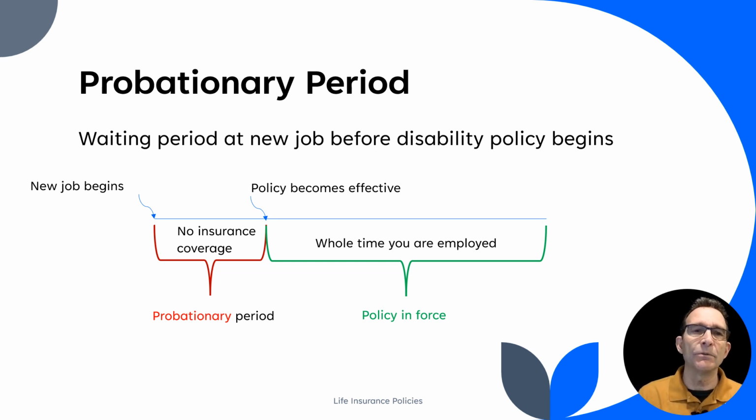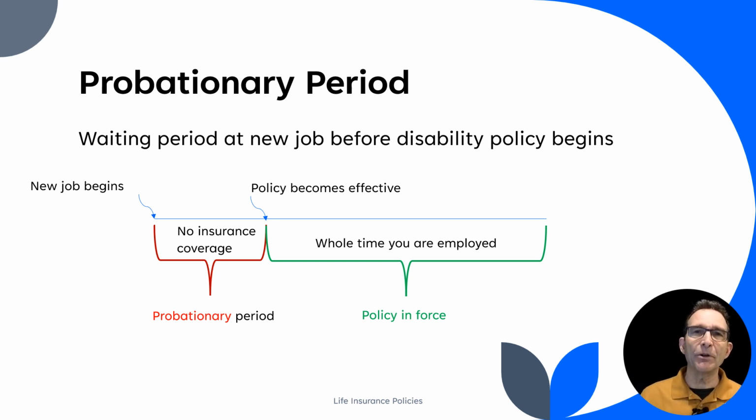So let's say your new job begins and the probationary period is set at 30 days at your particular company. For those first 30 days during that probationary period, you don't have any disability insurance coverage. So if you were to become disabled from some sort of work injury or for whatever reason during those first 30 days, you're 100% on your own. You don't have that coverage.